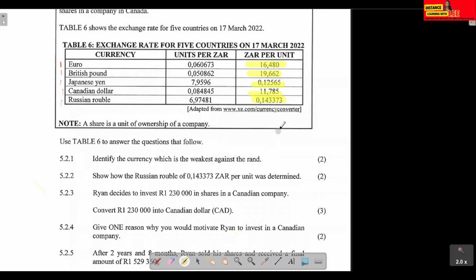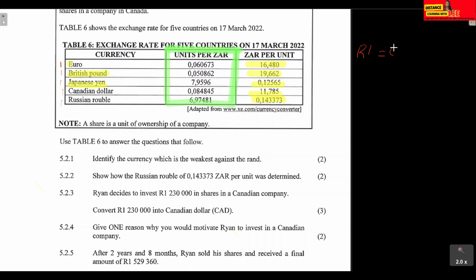The last column basically tells you how many rands you will get per euro, per 1 British pound, per 1 Japanese yen. However, this second column does the reverse. It tells you how many units per rand you'll need. So for 1 rand, how many euros will you get?